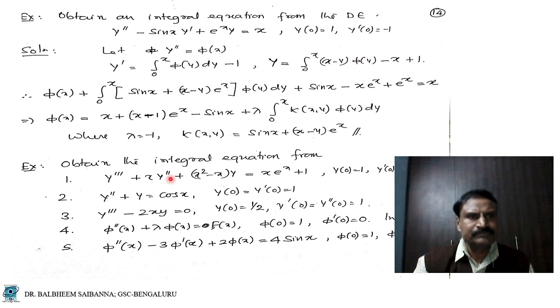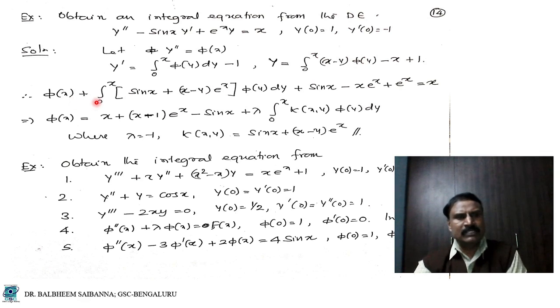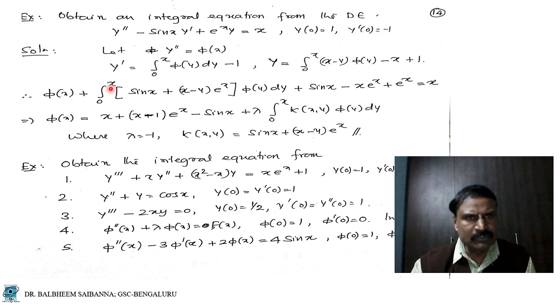We get phi of x plus integral over 0 to x of sin x as it is, times y dash. Again we write the same terms together: sin x y dash is there, and for the y term, integral 0 to x, sin x is here, x minus y, e to the power of x as it is, phi of y dy.